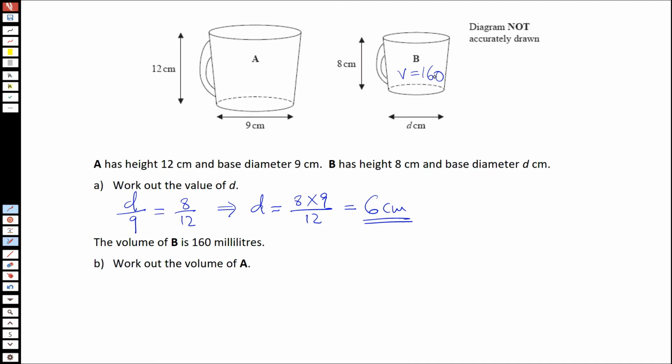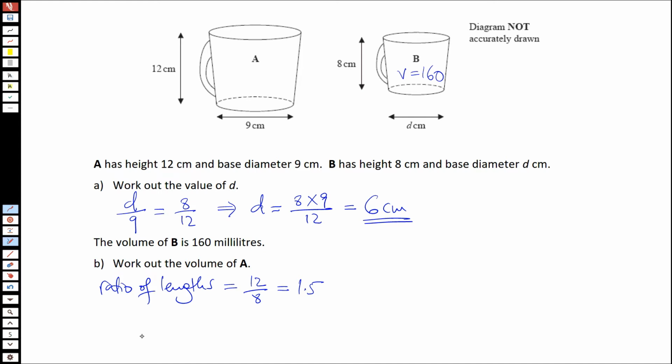I want to know how many times bigger it is as compared to the smaller shape. So the ratio of the lengths will be equal to 12 over 8, and that will be equal to 1.5.